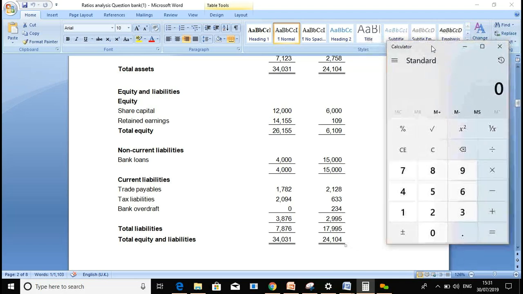Can you explain a little more about the bank overdraft? Does it mean whatever I have remaining in the bank? No. Overdraft means the bank normally authorizes a limit.